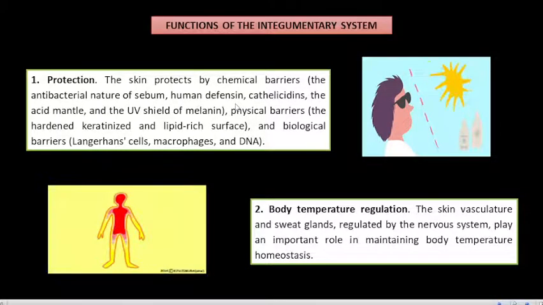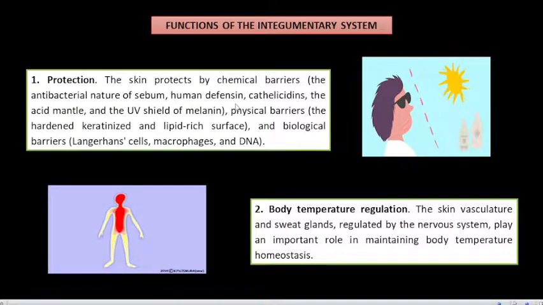So, ginagamit sila as a defense against infection, especially in our skin, because of their broad spectrum of antimicrobial activity. So, medyo malawak yung range ng ability ng defensins as an antimicrobial protein. Okay? So, coming from its name, defense, for defense against microbes.